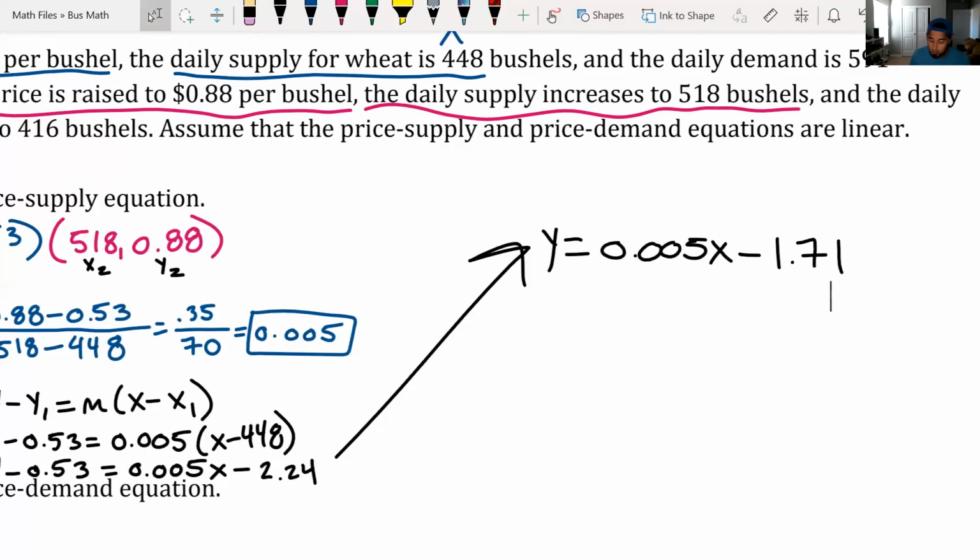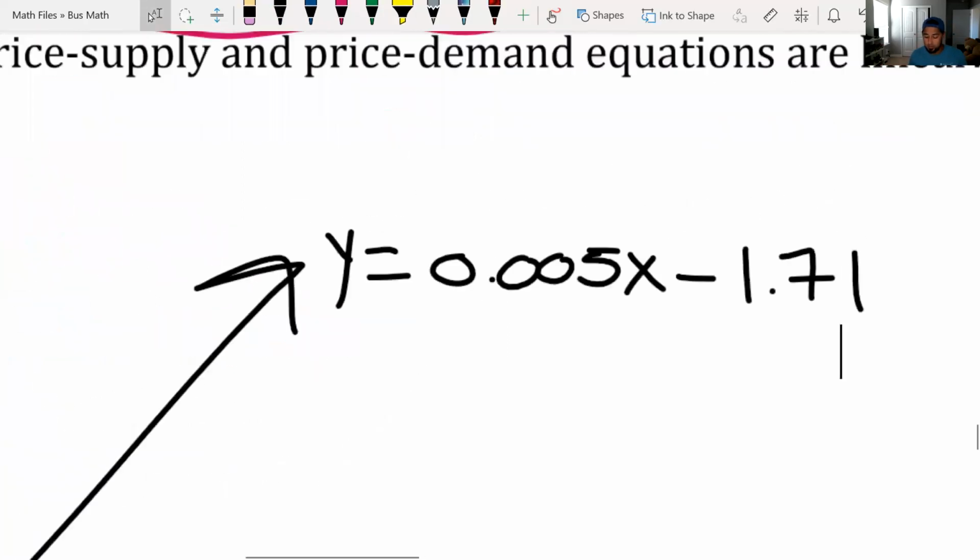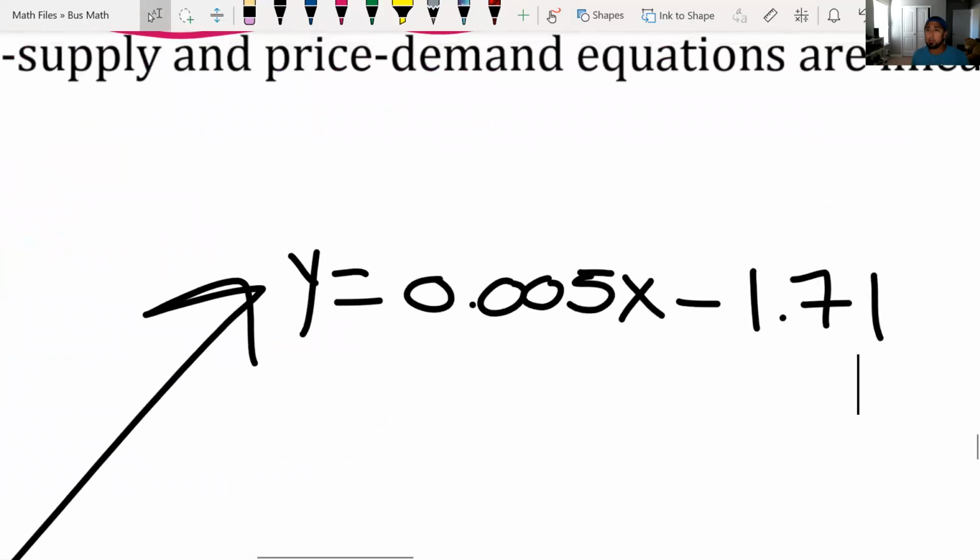Okay, so there's the linear equation, but we want to put it in terms of price and supply. So price is y, supply is x.